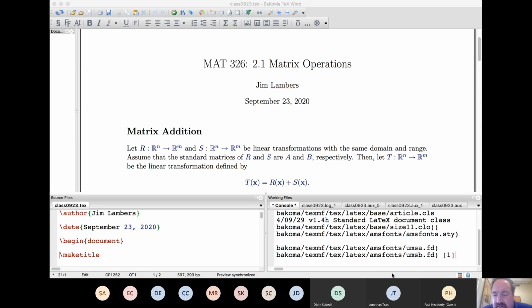So let me check the chat. 1 hour and 15 minutes is the time limit. So it's the same as a class period.